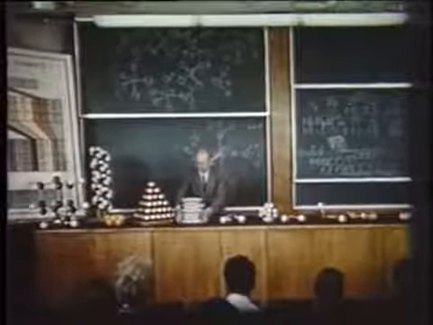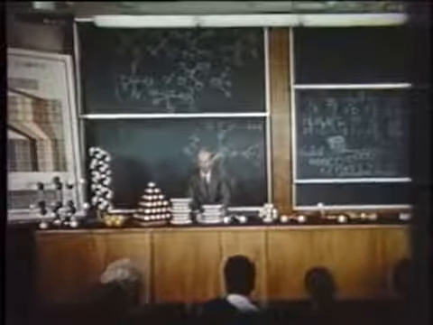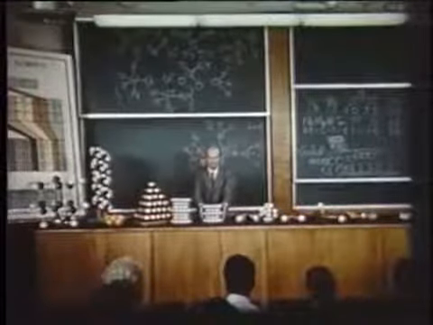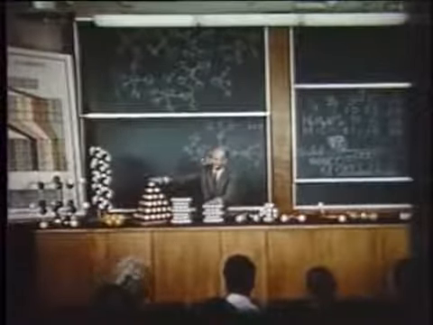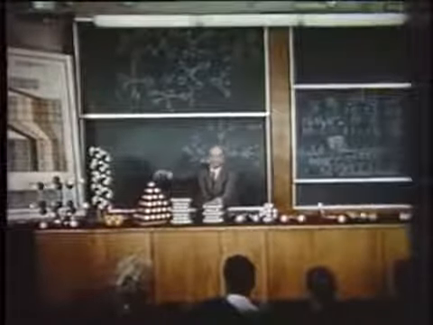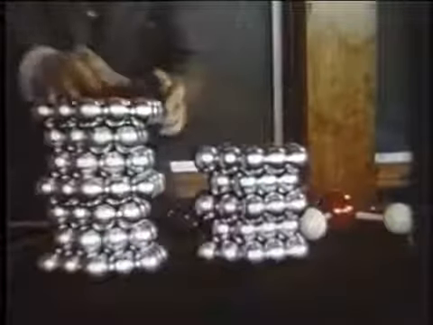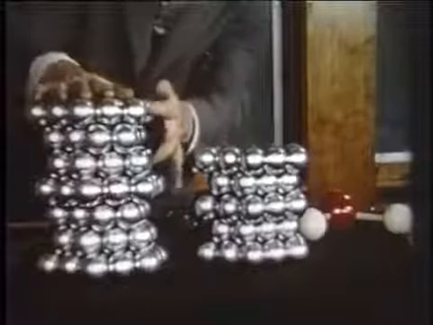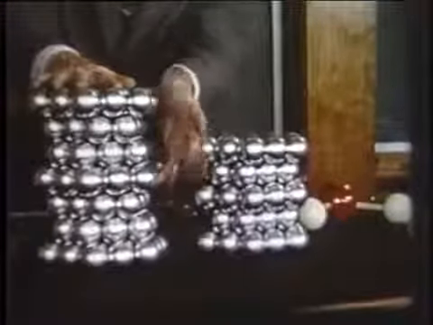I may mention that there are 2 common kinds of closest packing of spheres that are represented by the metals. This is cubic closest packing, analogous to this structure. Along a 3-fold axis of the structure, there's repetition after 3 layers. There are 2 alternative ways of placing any layer above the layer beneath it, this way or this way.